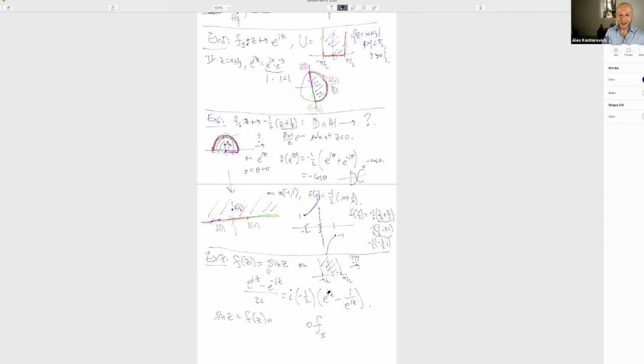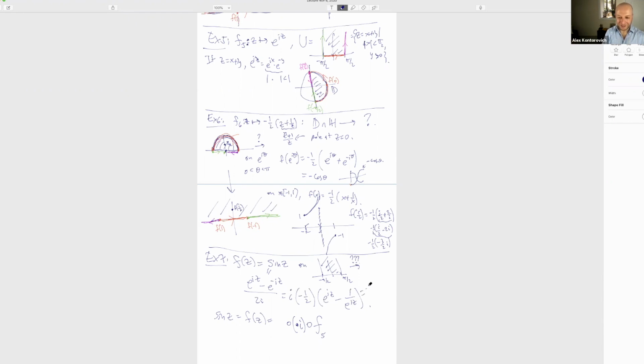So now we have e to the iz, and I want to multiply that by i. Multiplication by i, we'll call this dot i. So that's a function, multiplication by i. And then once I've multiplied by i, I compose that with this map, negative 1/2 times z plus 1 over z.